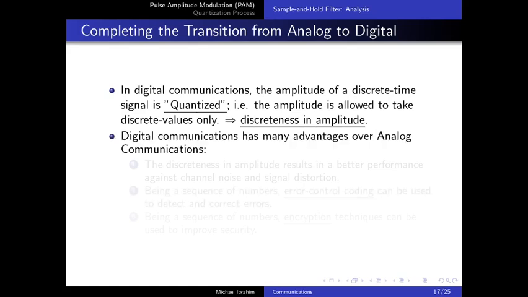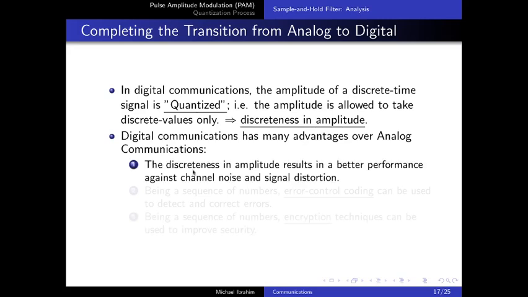So, in general, digital communications has many advantages over analog communication systems. First of all, the discreteness in amplitude results in a better performance against channel noise and signal distortion. Again, the discreteness in amplitude is a great feature actually, and it offers resilience or immunity against the channel noise and signal distortion.